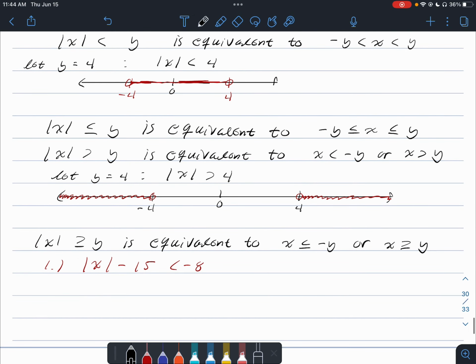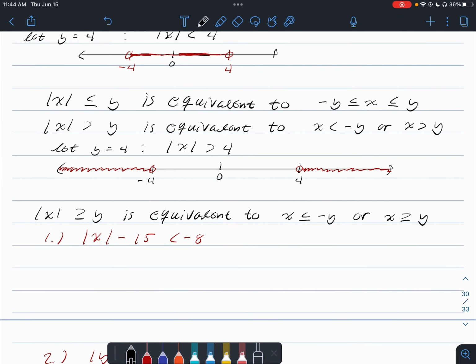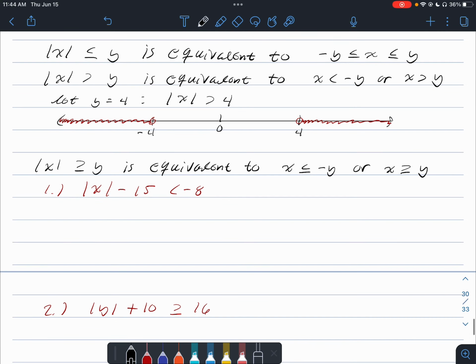Okay. Now, in the situation where you have c less than 0, so here we said for all of these c, or in this case we use y instead of c, but what if y is less than 0?